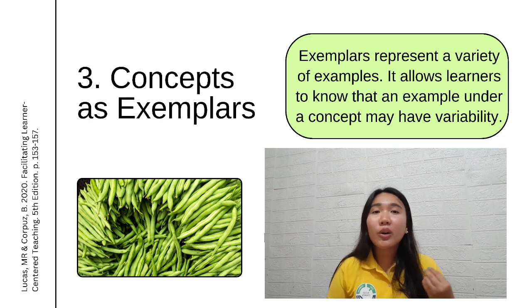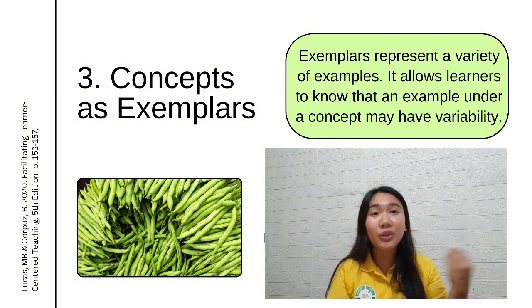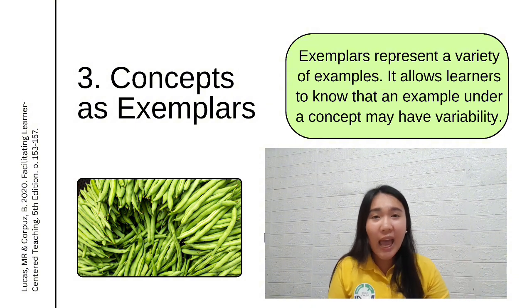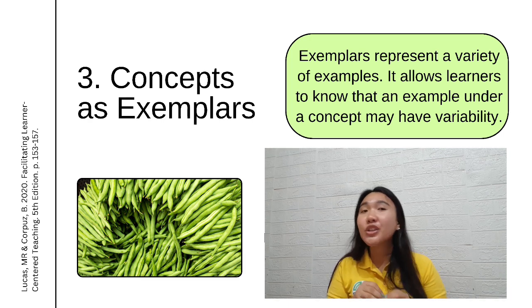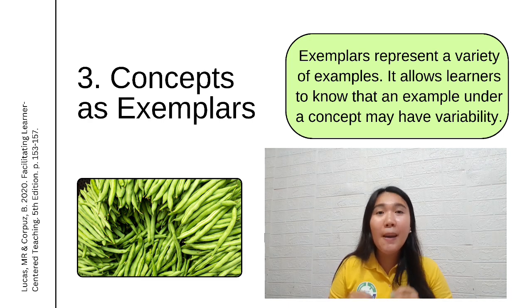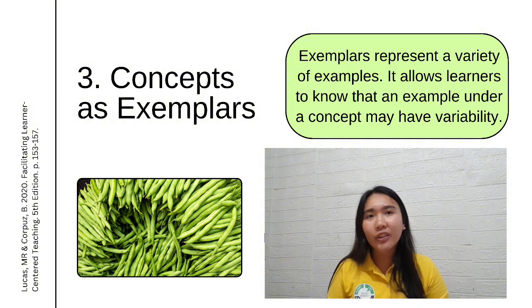So when the learner encounters a new vegetable like bitsuelas, of course, they would search through their collection of exemplars and find the closest match, which might be the string beans, based on visual similarities or shared characteristics of string beans and bitsuelas.